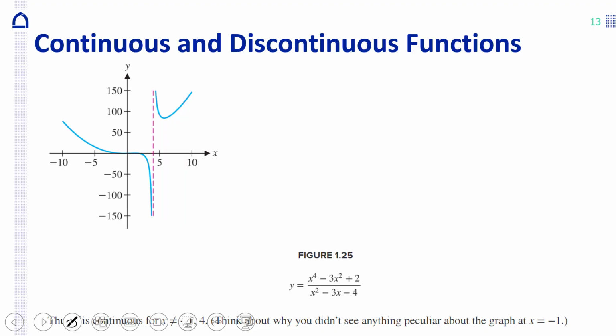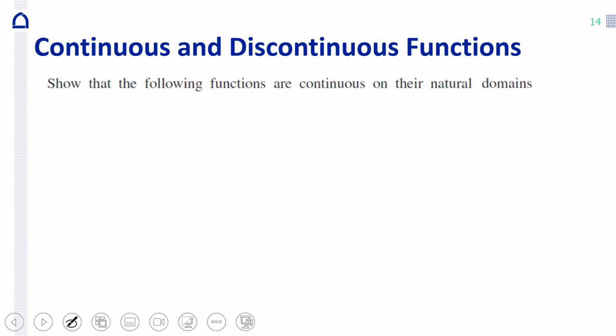Now, here is a function again. Show the following functions are continuous on their natural domain. For this one, we know the domain. How do you get the domain for the root function?